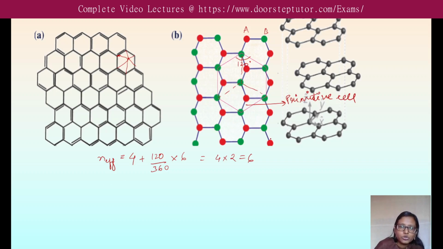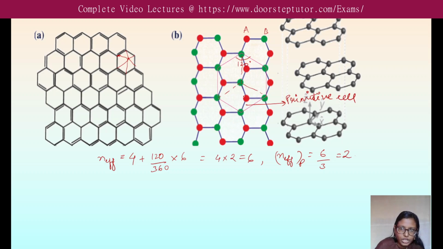So the number of atoms in the primitive cell will be, since the unit cell contains 3 primitive cells, the total number of atoms divided by 3, which is 2. So here the number of atoms in a primitive cell is 2.